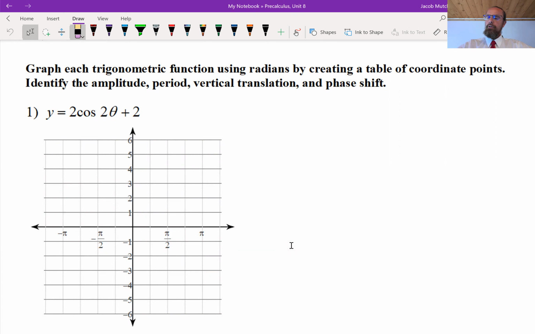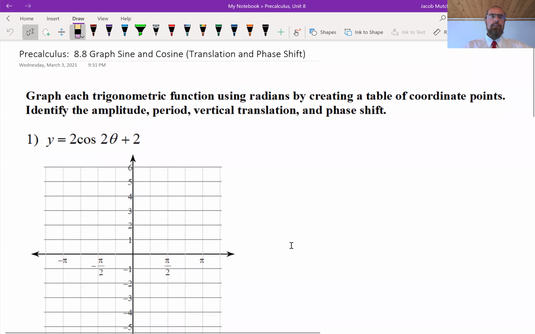And one thing we need to note is that we do in fact have a change here, and what's been changed for us is that this one has been translated 2 up, so that's that plus 2 at the end. I also see that we've got some change in the period.